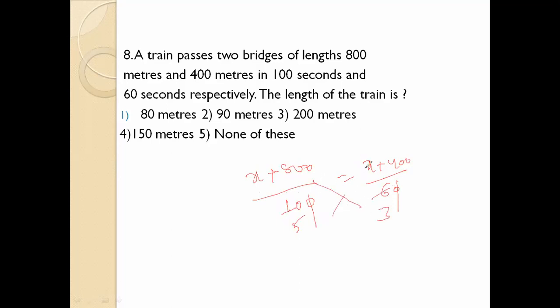Cross multiply. 5x plus 2000 equals 3x plus 2400. 2x equals 400, so x equals 200. The length of the train is 200 meters. Option number 3 is the right answer.